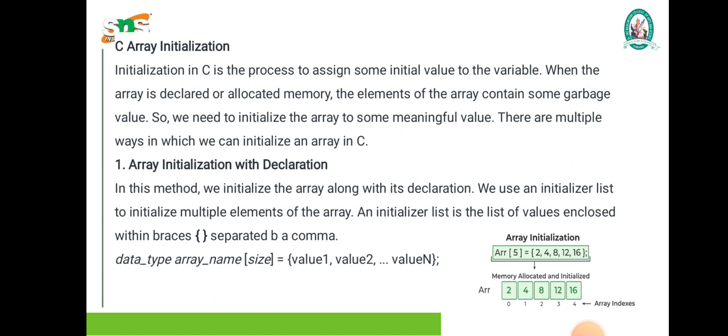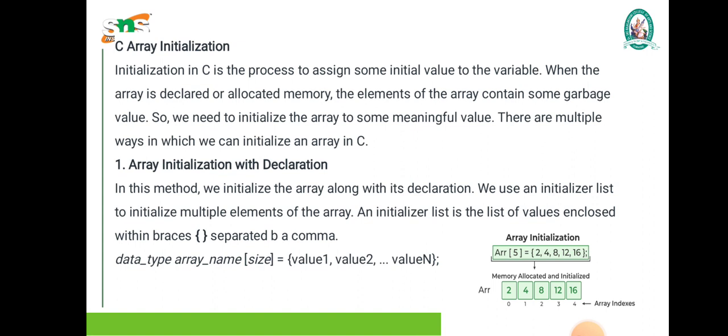First of all, we'll initialize the arrays along with the declarations. In the previous slide, we saw how to declare the array, and now in this slide, we see how to initialize the array. In this syntax, we specify the data type, the array name, and mention the size, and on the right hand side we also specify the values of the array, that is the elements of the array.